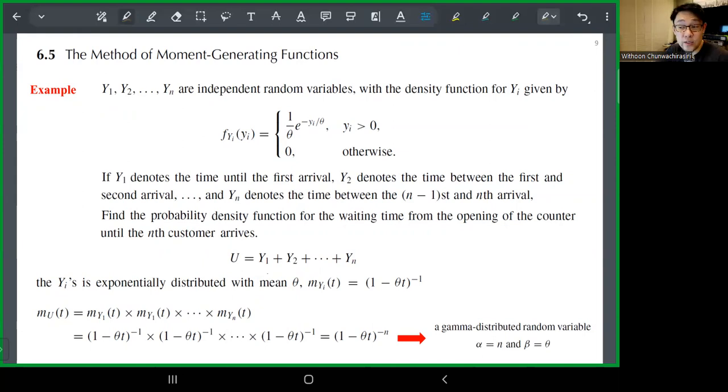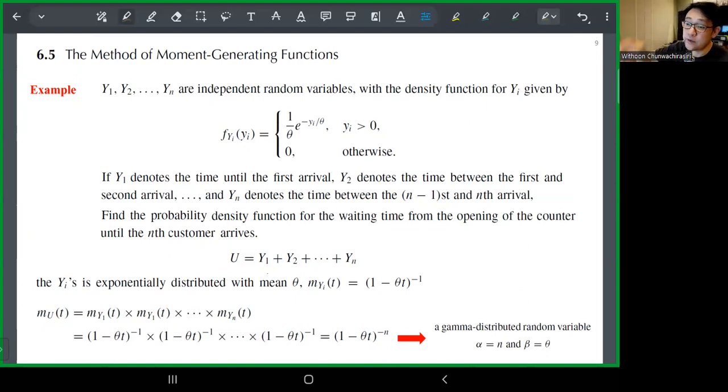We used this before, but then, hey, if I want to know the whole wait time, the time you have to wait for the whole thing to be done, you have to wait until the last arrival. That completes the whole process, and that is the whole waiting time, from the opening of the counter until the last customer arrives.